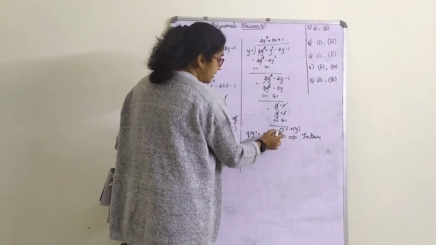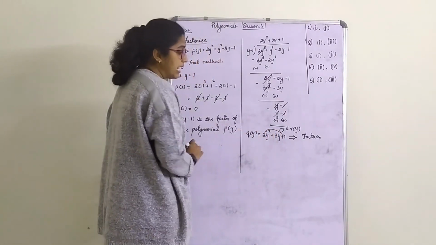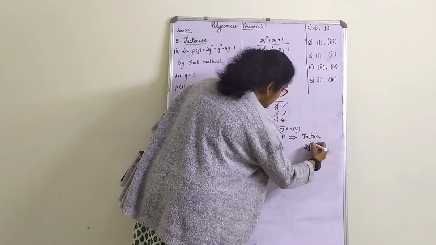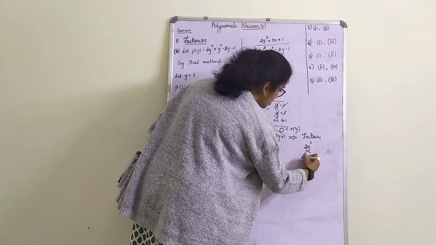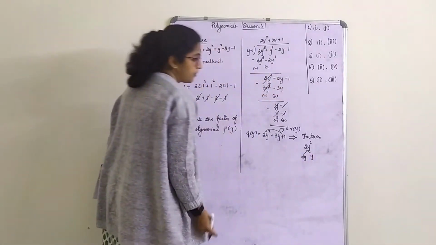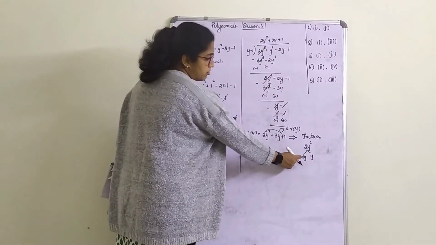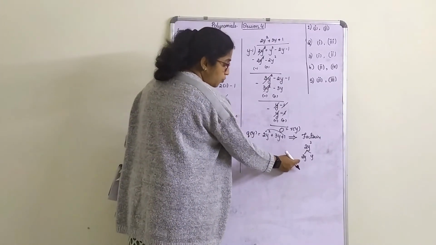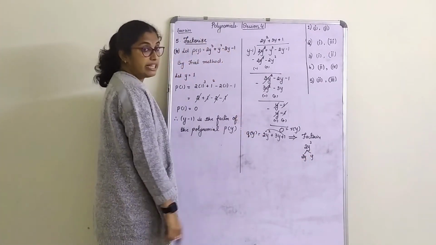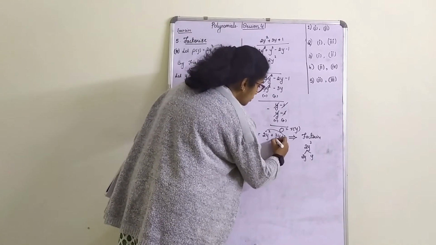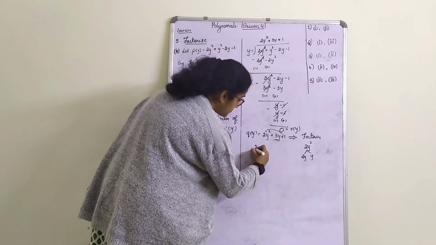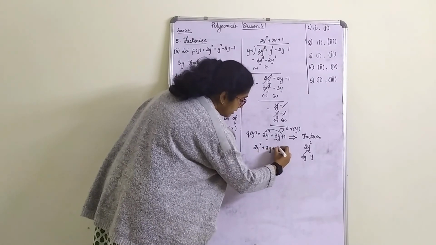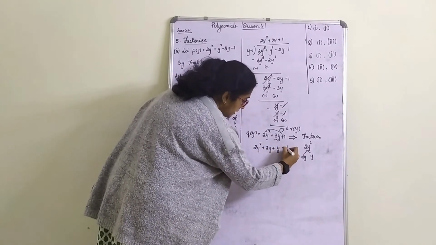So what we do again here? We multiply first and last term. 2y square into 1 is 2y square. Factors 2y into y. 2y plus y is 3y. So both are plus. So let us split this middle term. 2y square plus 2y plus y plus 1.